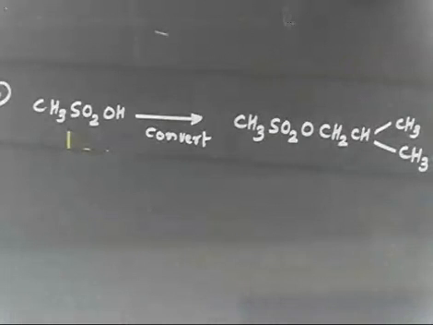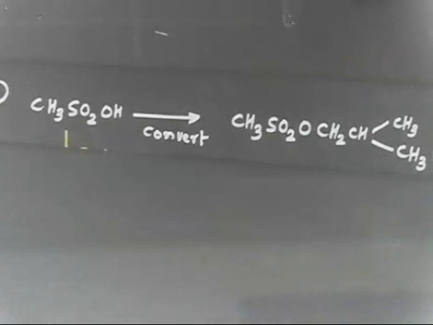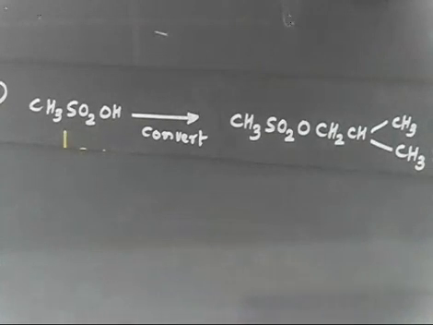What you have to do is, you have been given this alcohol compound, and how can you convert this compound to this compound? So again, a conversion kind of thing. Let us try this one, and if you are not able to do it, then we will discuss the solution.